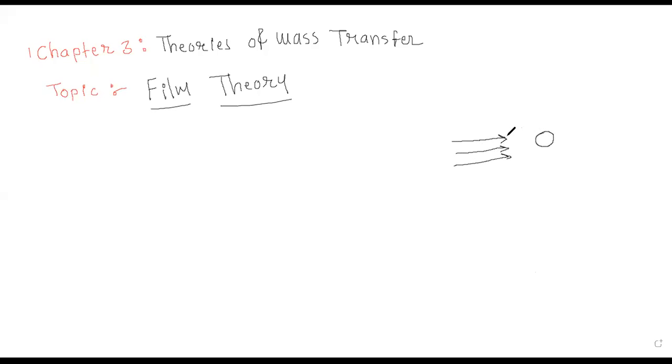Whenever the fluid is flowing surrounding the particle, a boundary layer formation will occur. One invisible layer will be formed, and something happens in that layer. So here the boundary layer comes into the picture.